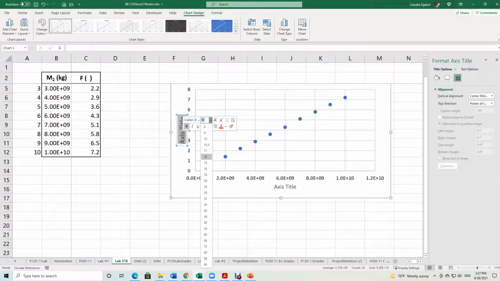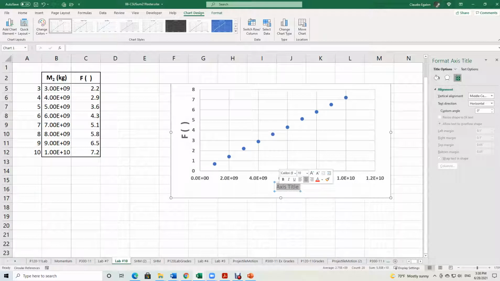Make it a little bit larger, maybe 16. Here you go. Don't forget to use a capital F on this one. You do the same thing, size 16, and it should be mass number 2.